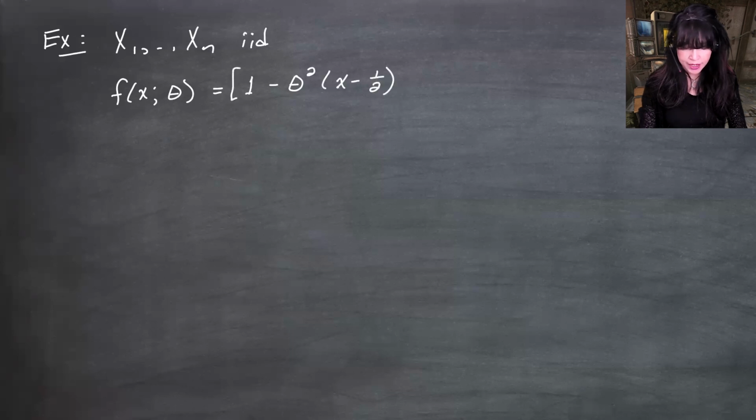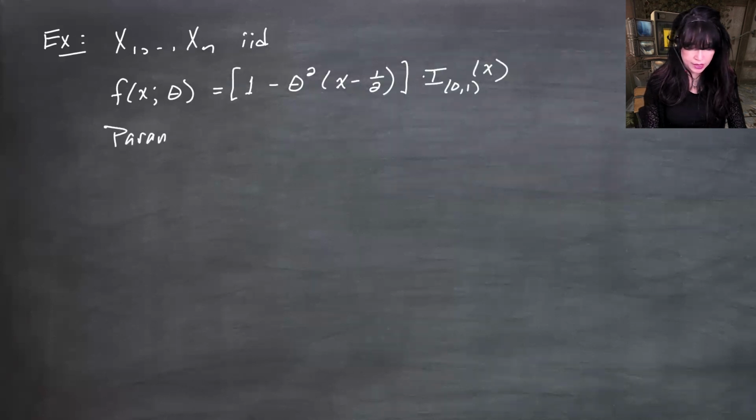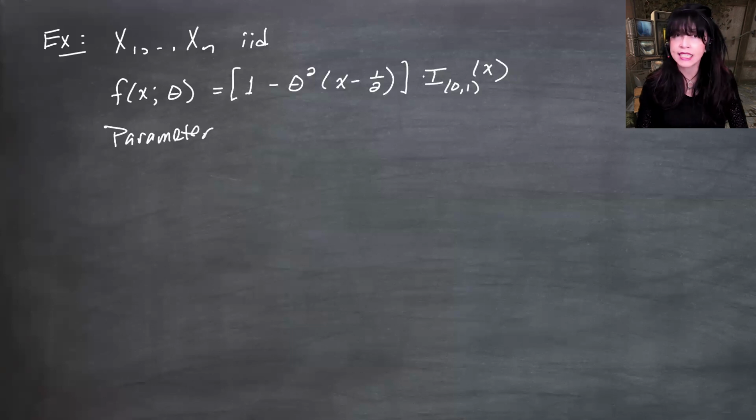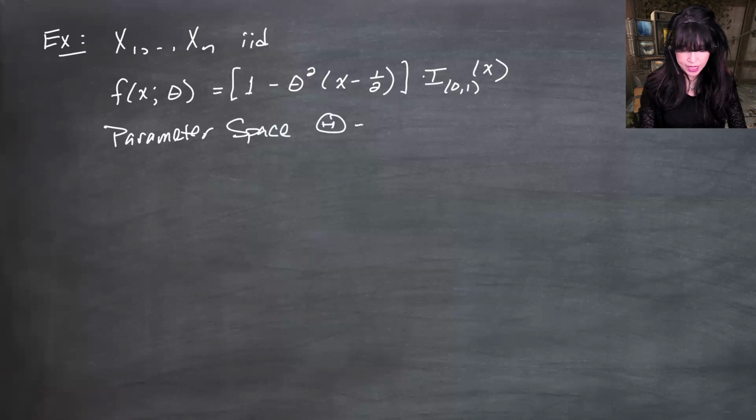And this whole PDF has support 0 to 1, so I'm going to multiply by an indicator 0 to 1 for x. And the parameter space, just so this makes sense and doesn't turn into something negative, the capital Theta, is going to be everywhere from -1 to 1. So those are the allowable values for the parameter theta.